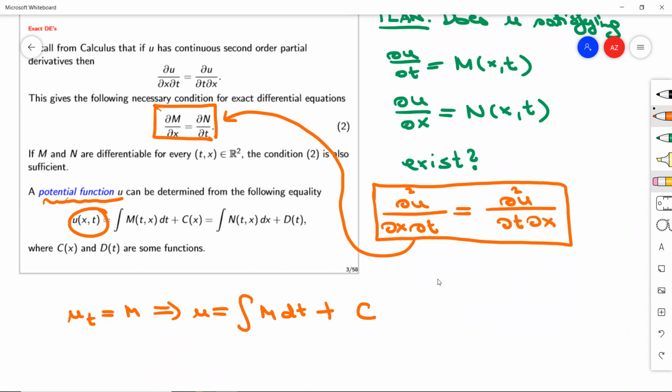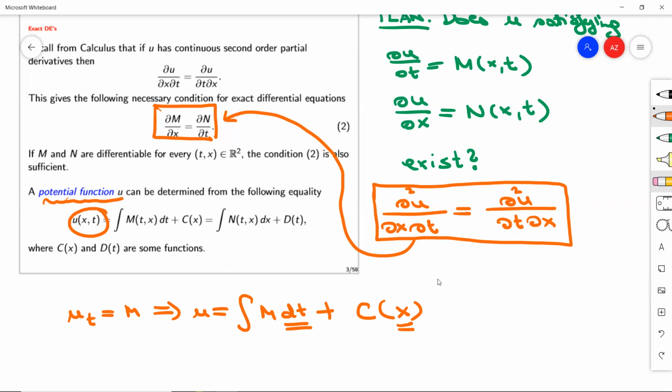So it can still be a function of x, because we know that the indefinite integral is unique up to a constant, but this means it's only constant with respect to the integrating variable. So we can still have dependence on the other variable in this constant.